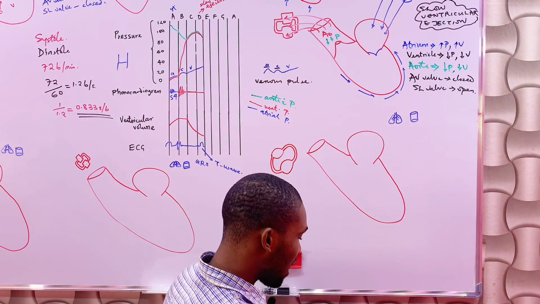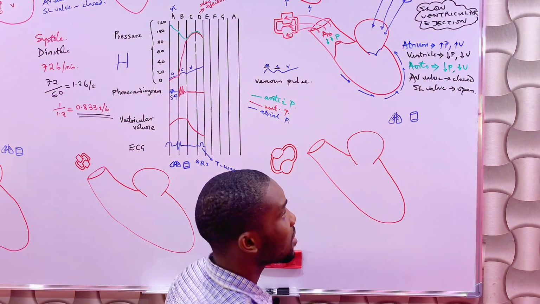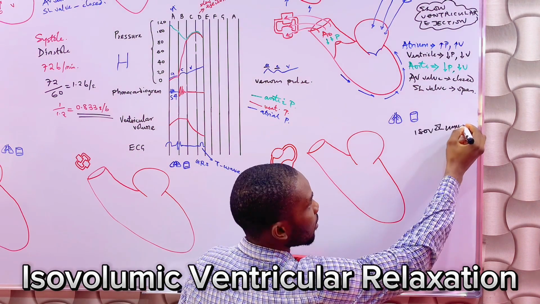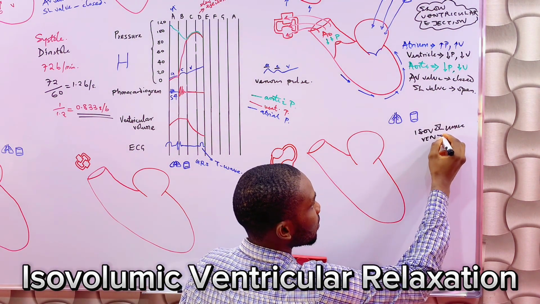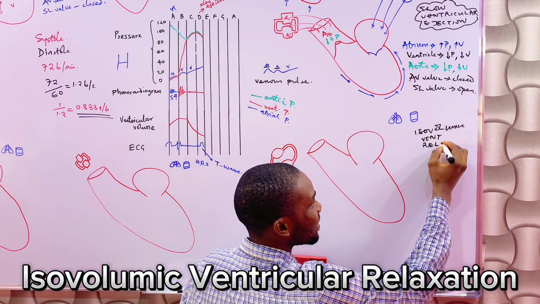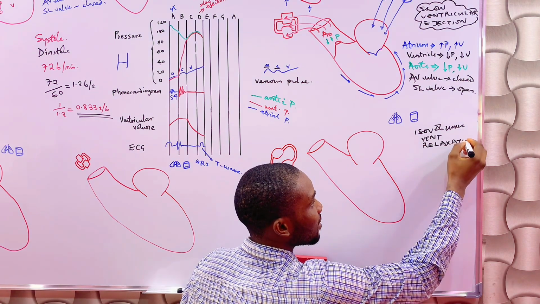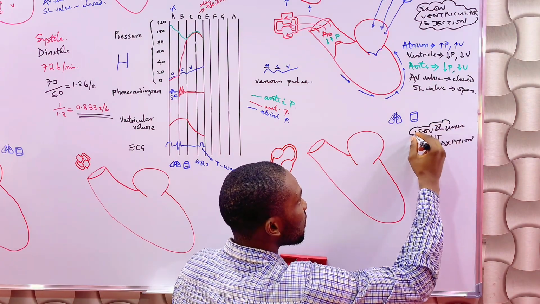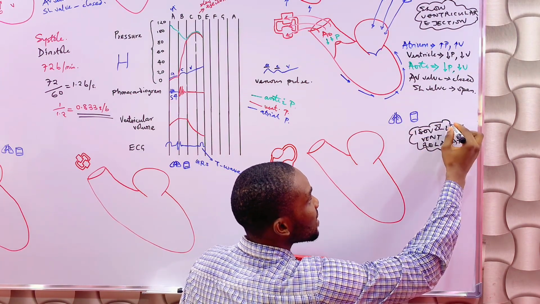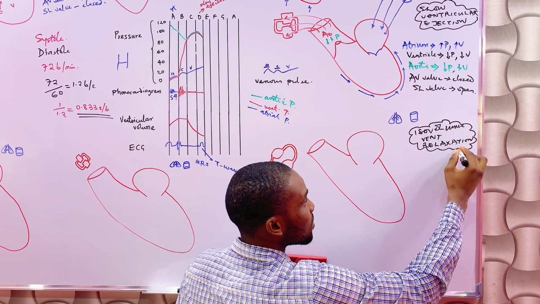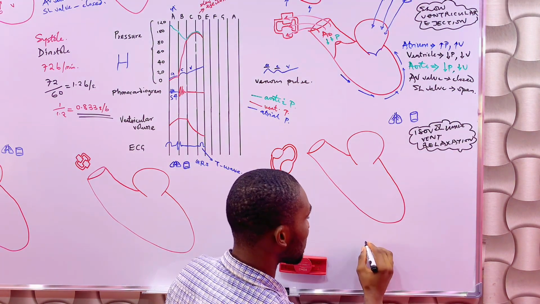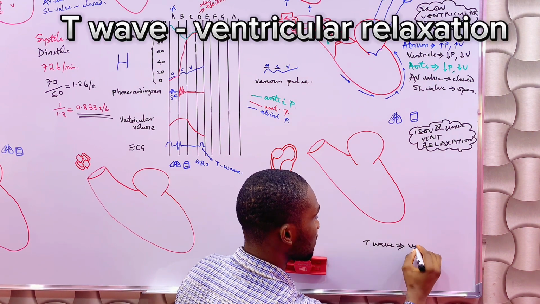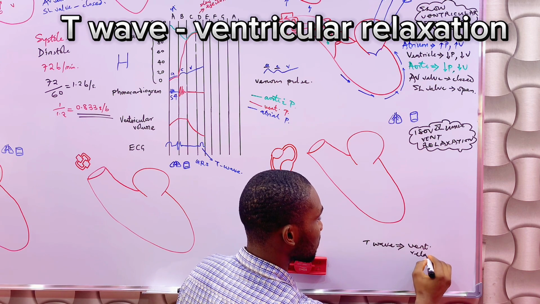So this next phase is the relaxation phase: isovolumic ventricular relaxation. Now, remember that the ventricle has already received a T wave that represents ventricular relaxation. So let's remember that the T wave represents ventricular relaxation.